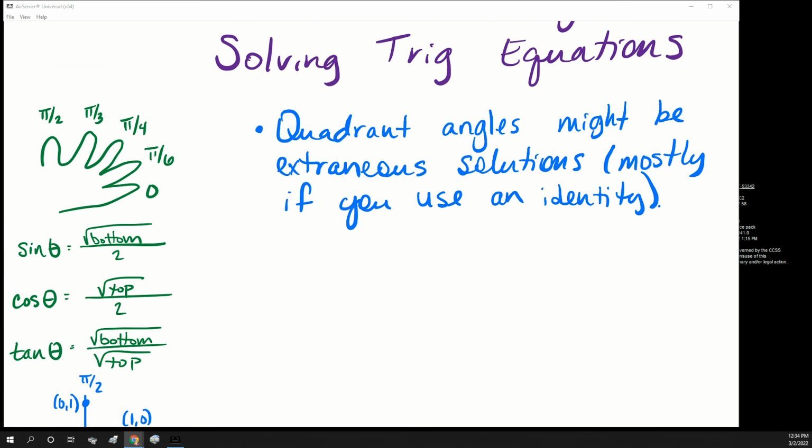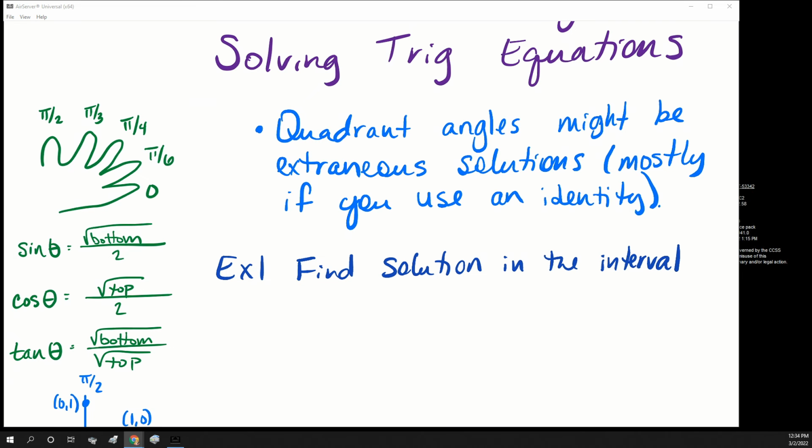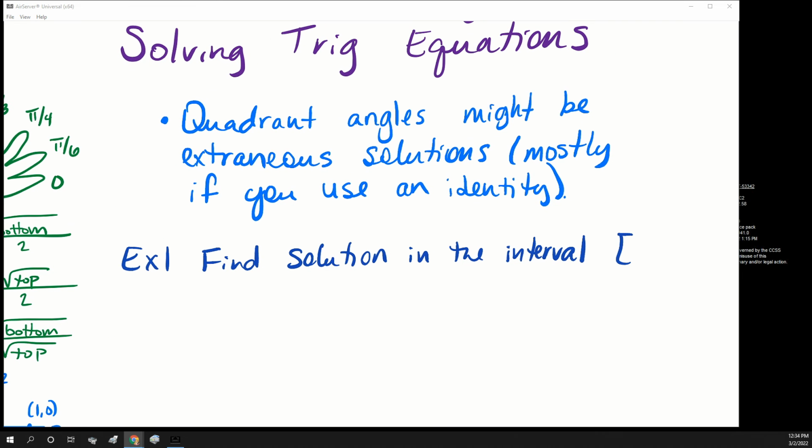On all of our examples, we're going to find the solutions in the interval from 0 to 2 pi, with a bracket on the 0 and a parenthesis on the 2 pi.